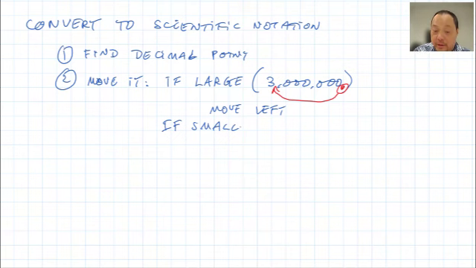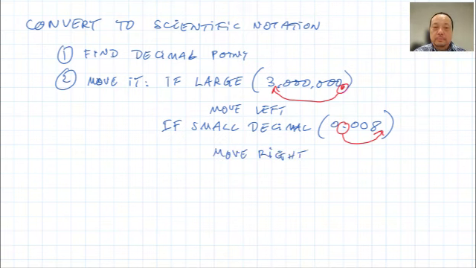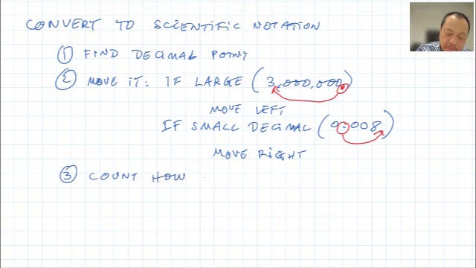Whereas if it's a small decimal, the decimal point is here, and you need to move it until it gets there. That means moving to the right. Count how many places.